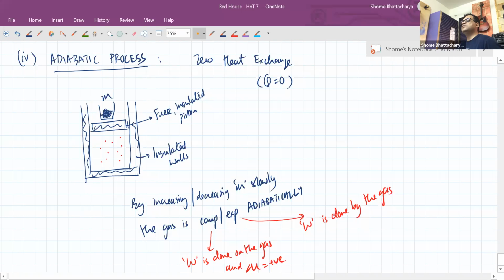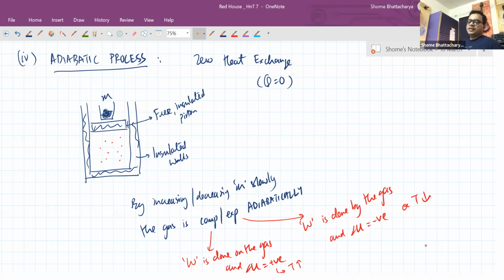As a result, the gas will cool down. Its internal energy change will be negative, so its temperature will drop. Here its temperature will rise. So adiabatic compression, remember, results in temperature rise, and adiabatic expansion results in temperature drop.